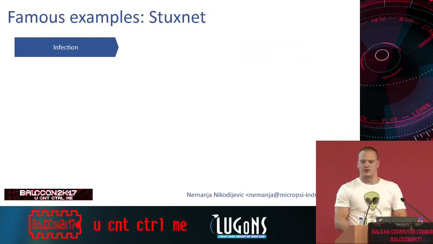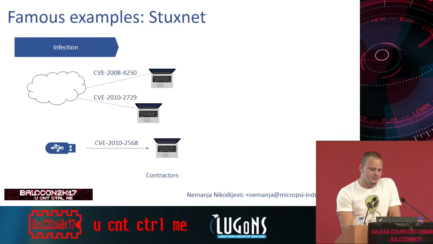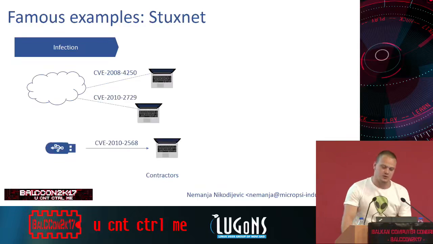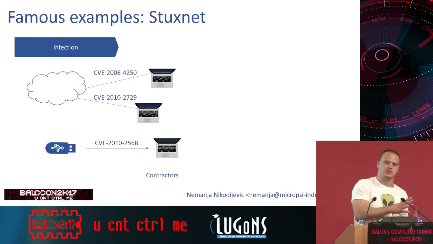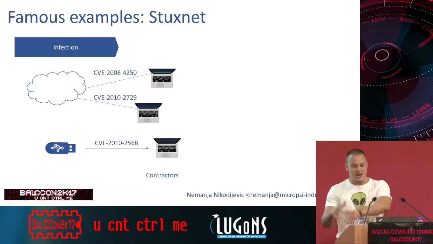Another interesting example is Stuxnet. You probably all know about that, so I will try to be quick. You probably know that it was aimed to slow down the Iranian nuclear program. The attackers infected the network through the networks of contractors, because these systems were heavily air gapped.